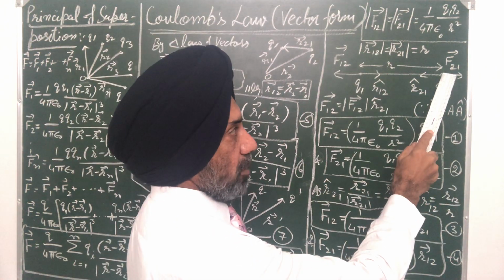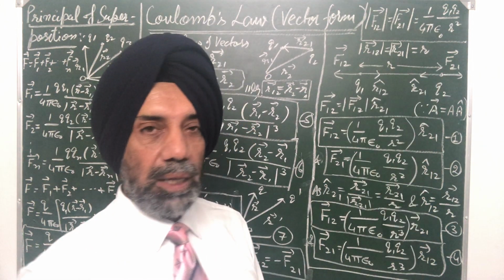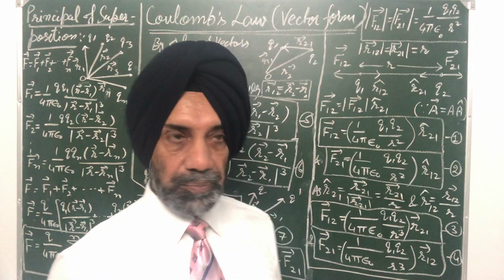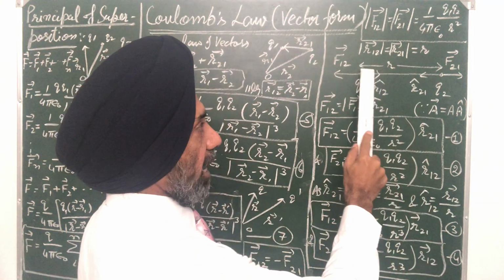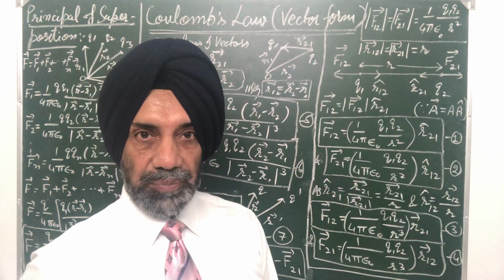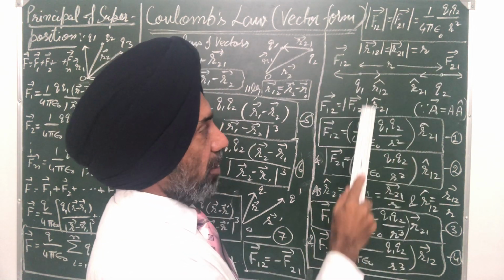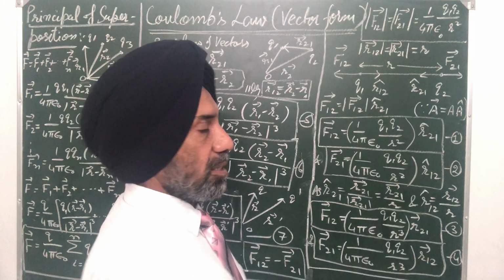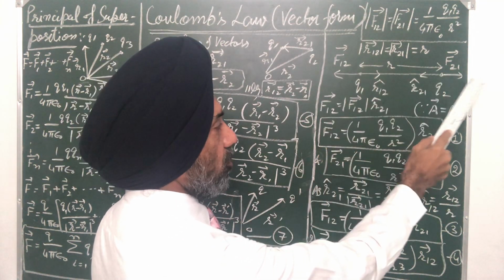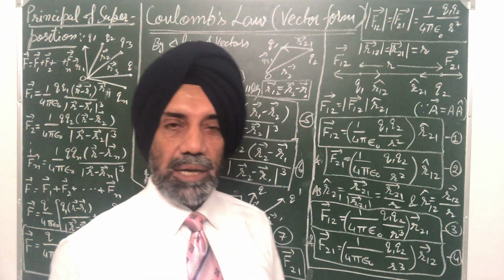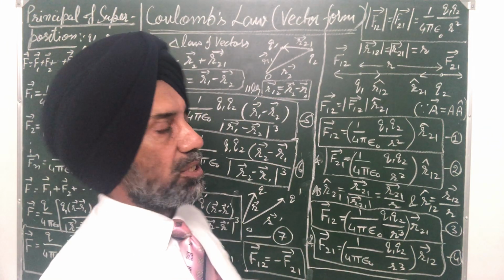F21 is the force experienced by Q2 due to Q1, because this force is mutual and moreover this force is central. It acts on a line joining the two charges. It may be repulsive or attractive. We have taken two charges Q1, Q2 as like charges.